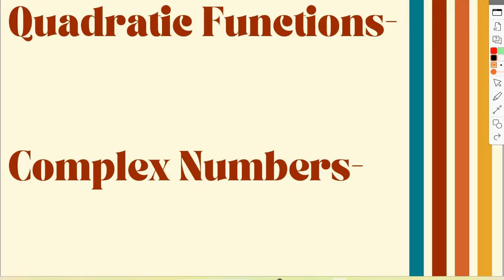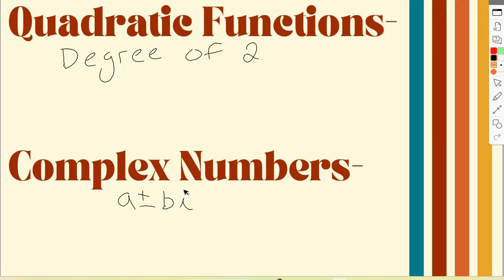Nope. 2. There you go. So it is a function with a degree of 2. And we also started by, on our first page, looking at complex numbers. Those are things that can be written as a plus or minus bi. Yes, no, maybe.